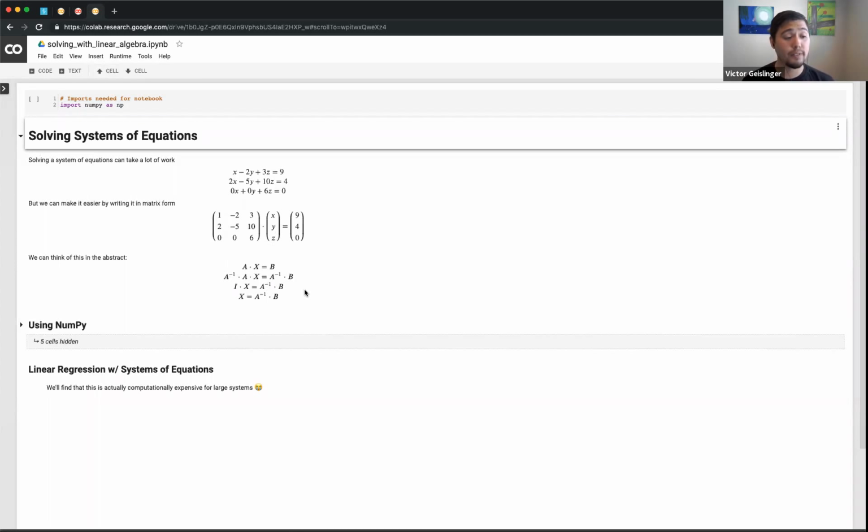But for very large matrices, it's not very efficient. That's one of the big reasons linear regression can be difficult to use, because it relies on solving systems of equations. Since it takes a lot of computing power to figure out the inverse matrix, it might be easier to use other algorithms, including gradient descent, which we'll talk about in the next section.